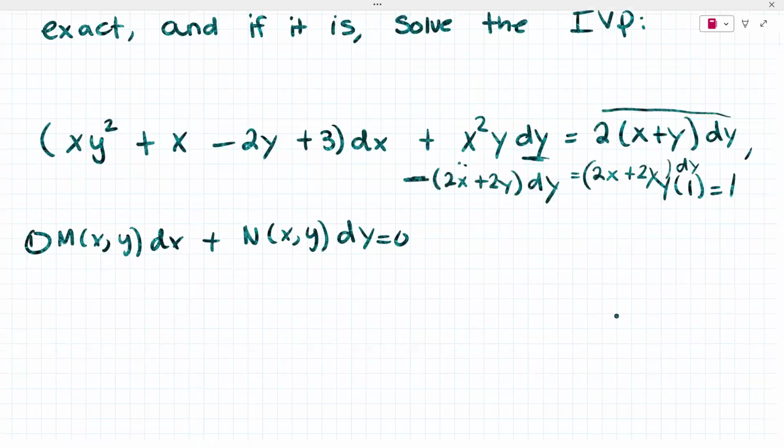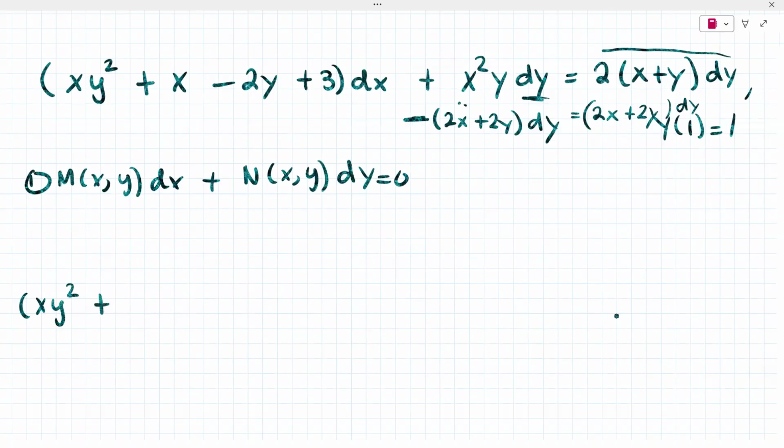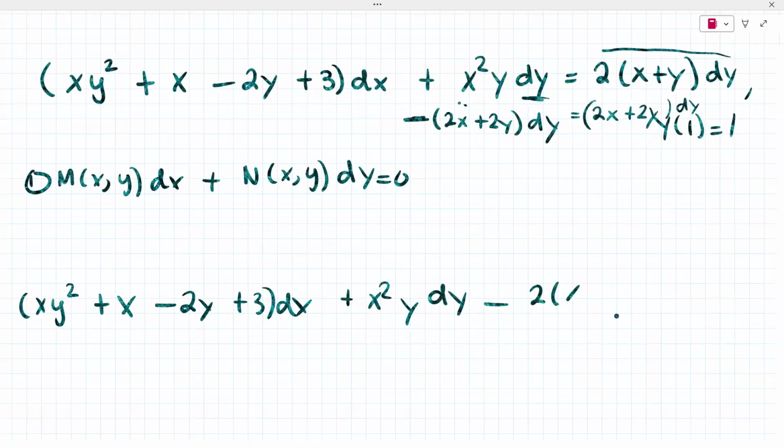Okay, so on the left, you have xy squared plus x minus 2y plus 3 of dx. And then on this side you collect like terms, so it's going to be x squared y dy minus 2 parentheses x plus y dy equals 0.